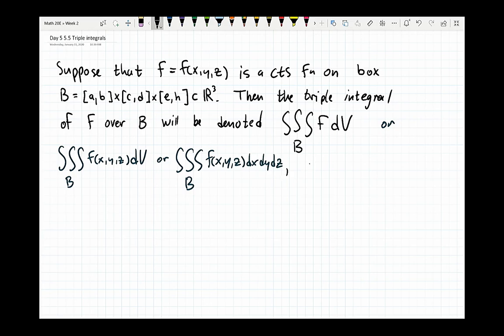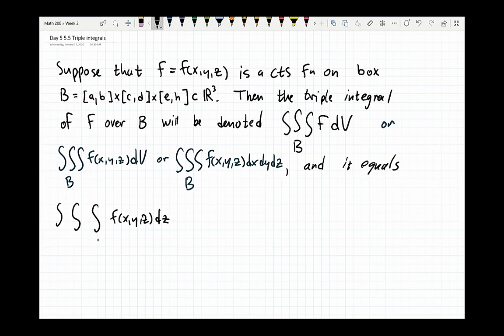And what does it equal? Well, just like in the two-dimensional case, it equaled an iterated integral. Well, same thing here. So it will equal an iterated integral, where let's say we do, how about z first?